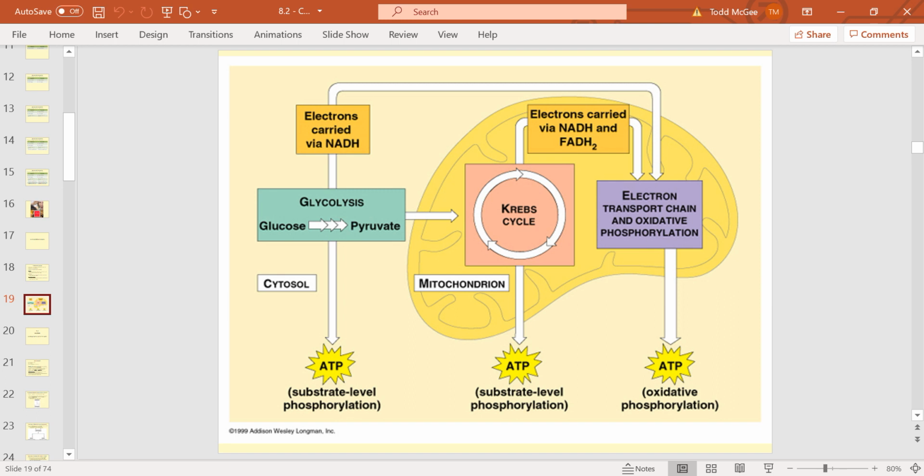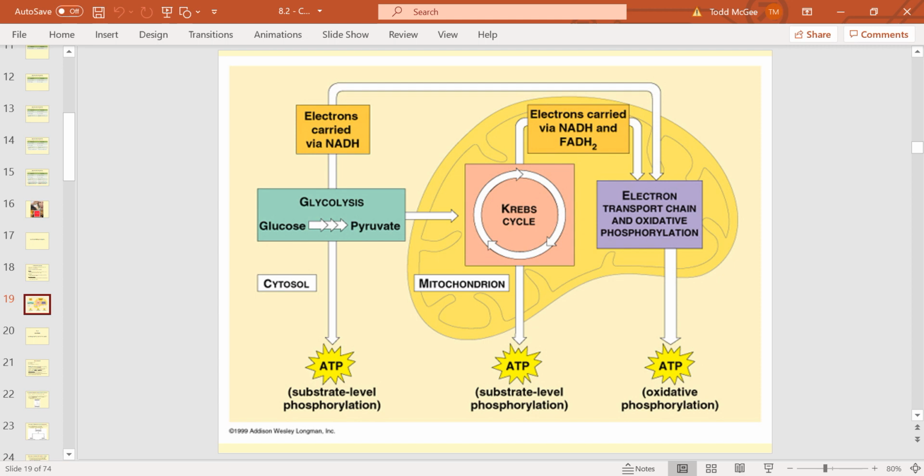That glycolysis is going to give up electrons. It's going to cause NADH to become reduced, and therefore the products of glycolysis become oxidized. The electrons are going to go and reduce the electron transport chain. The Krebs cycle is going to give up electrons, reduce NADH, and reduce FADH2, which will then come and give the electrons to the ETC, which will then become further reduced.